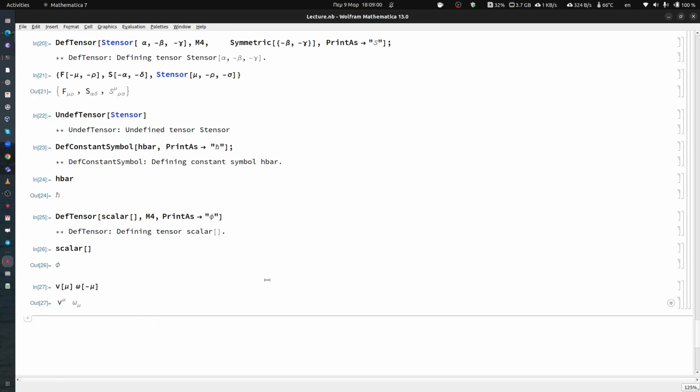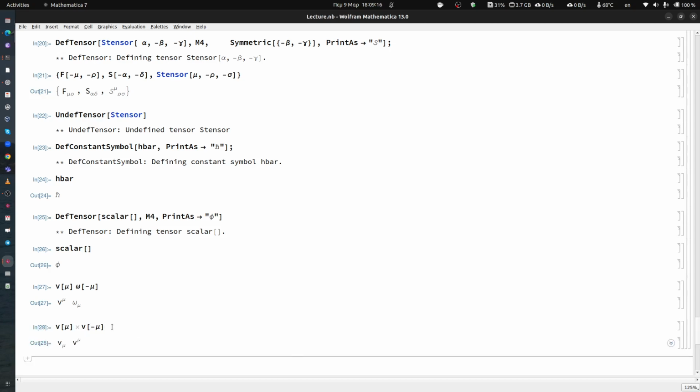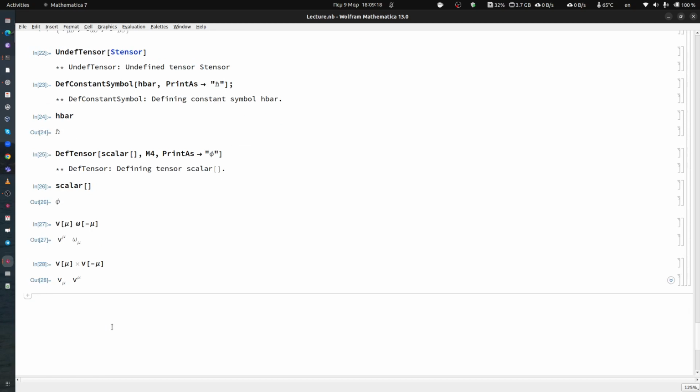Since we have a metric, we can write down the vector v with an index downstairs. This is allowed because we can lower indices using the metric. So this is the norm of the vector squared.